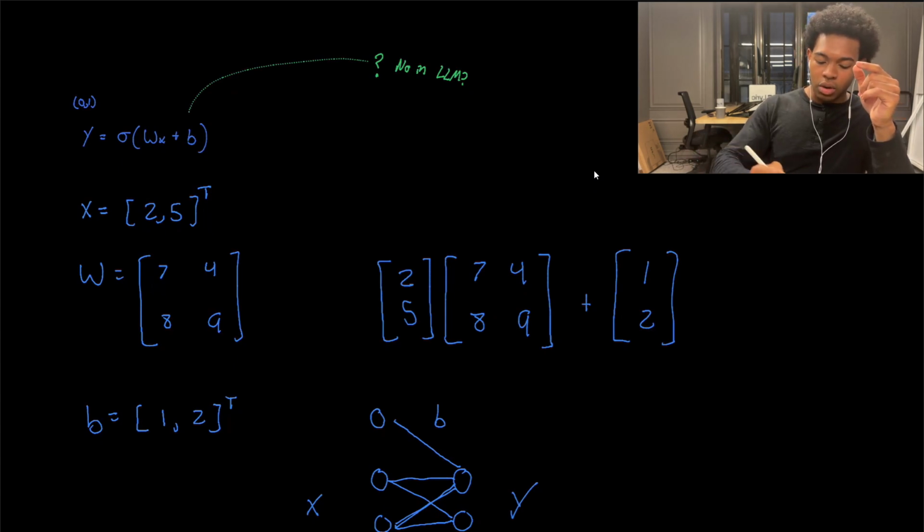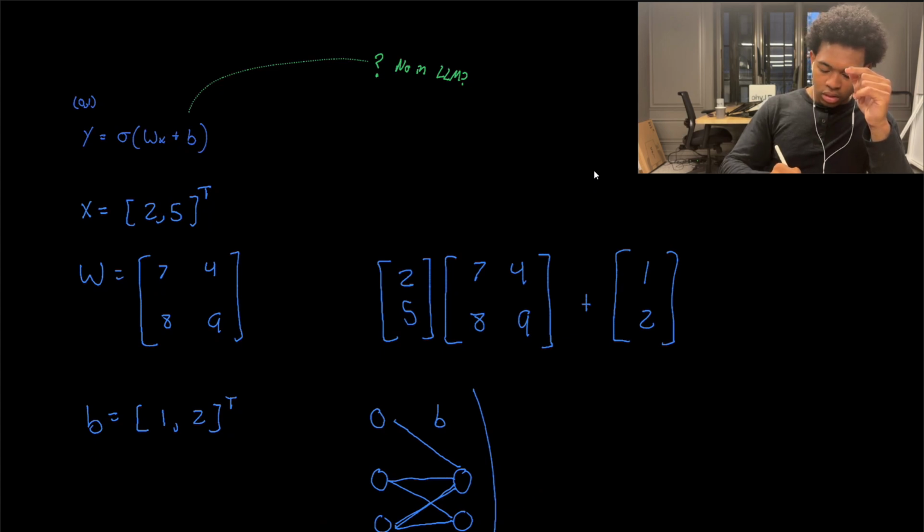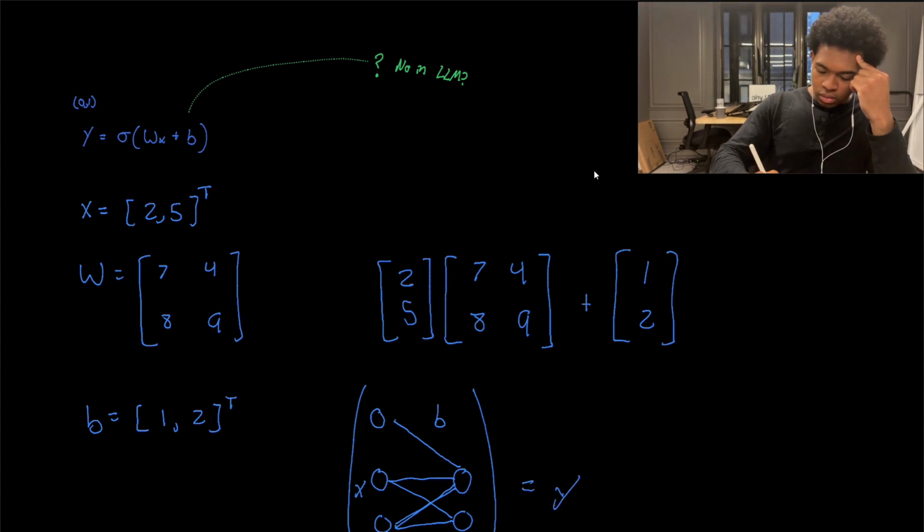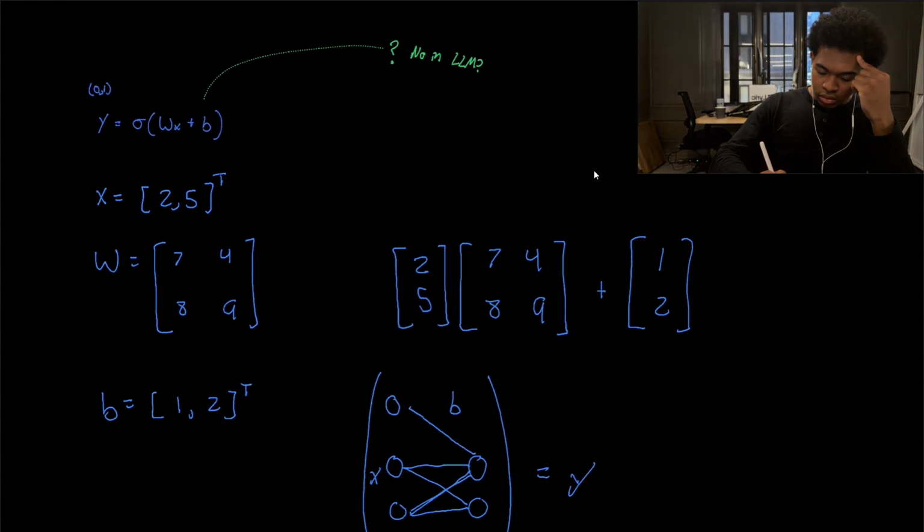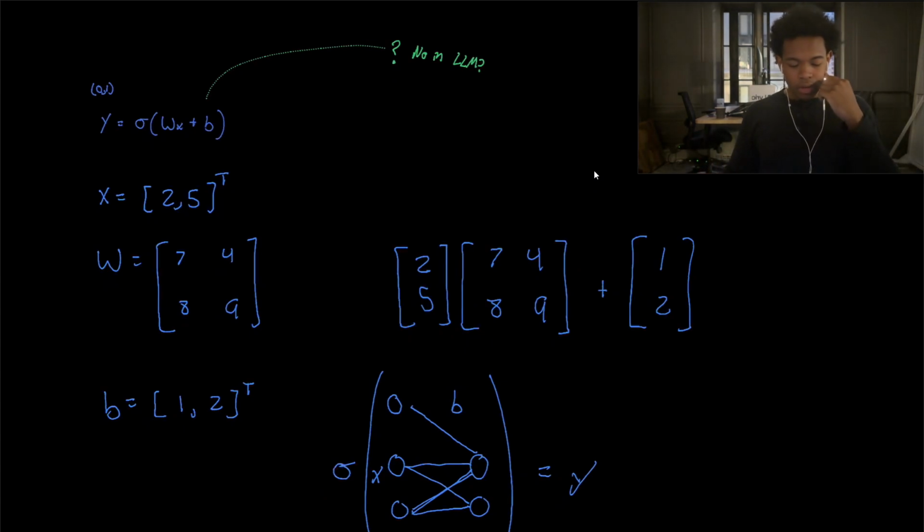So technically, we're actually going to wrap all of this in sigma. Let's see. And I'm not sure I've done anything productive by doing that. Oh, you can't see it.